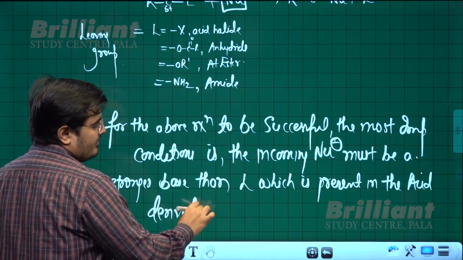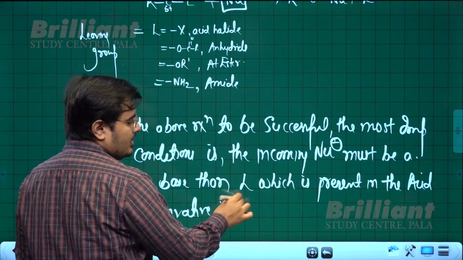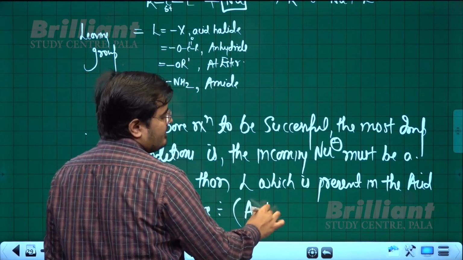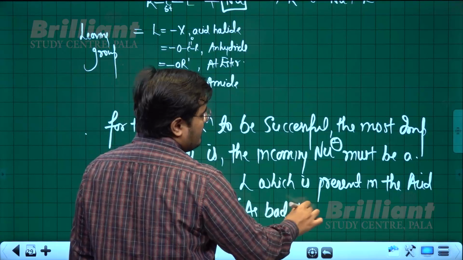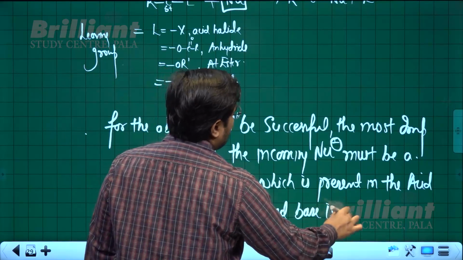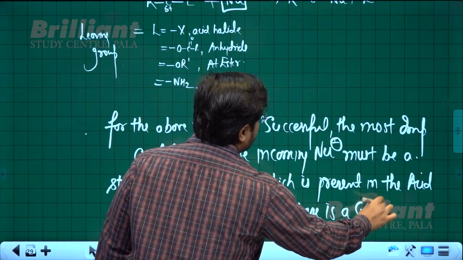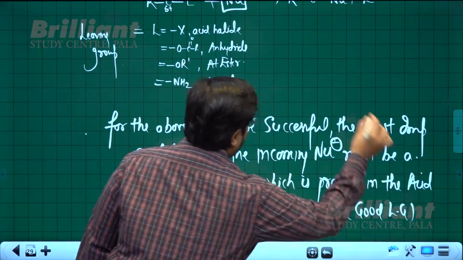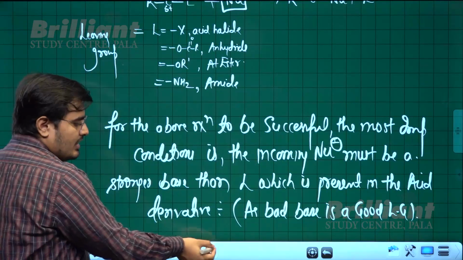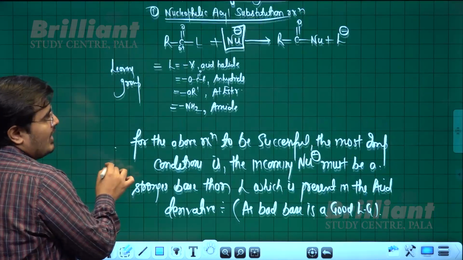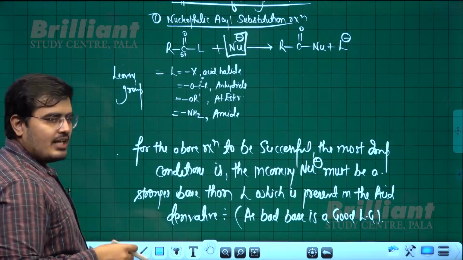Why are we saying this? We'll try to understand, but the main reason is that a bad base is a good leaving group. So this you will understand only when you actually know how this mechanism is happening.